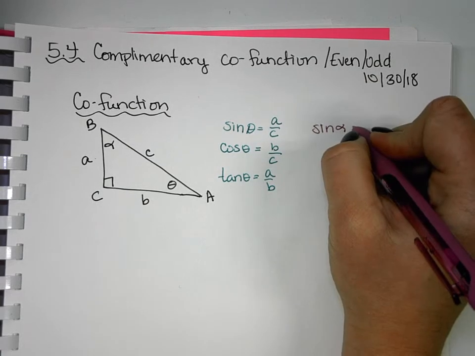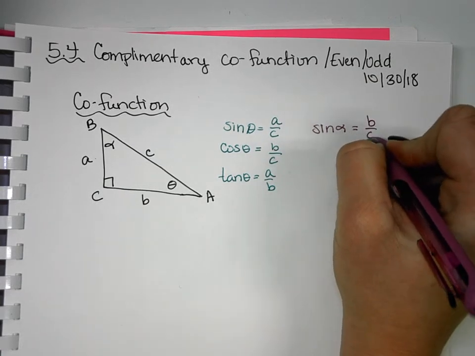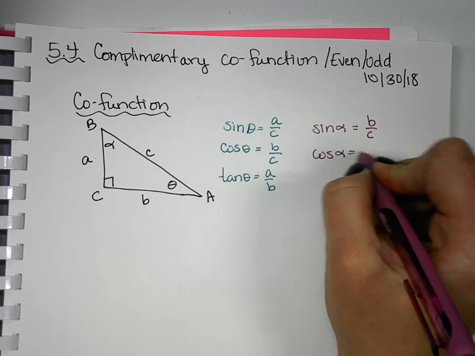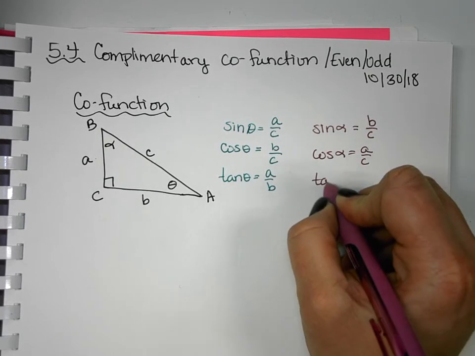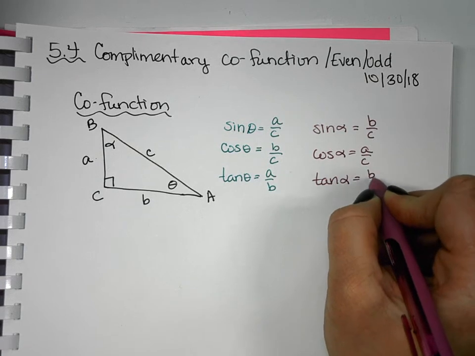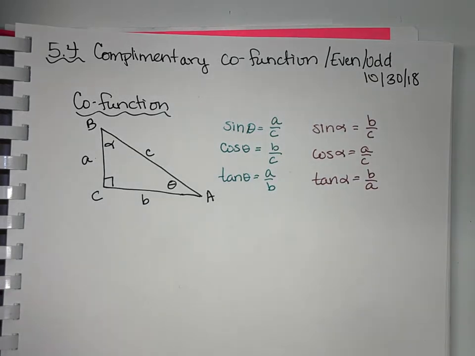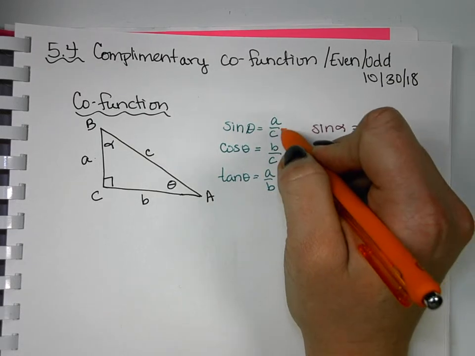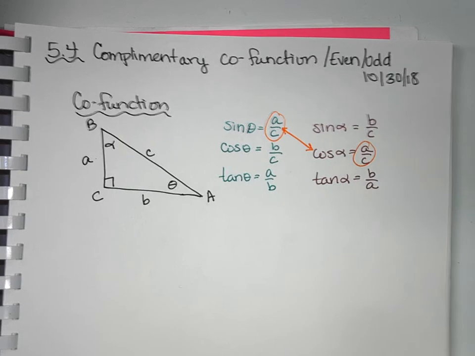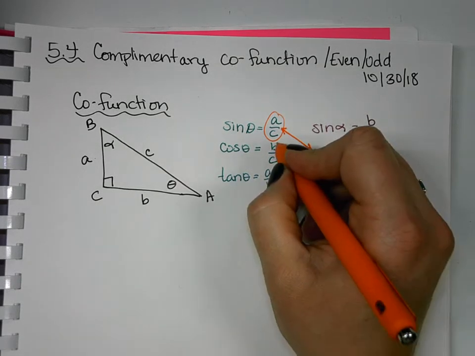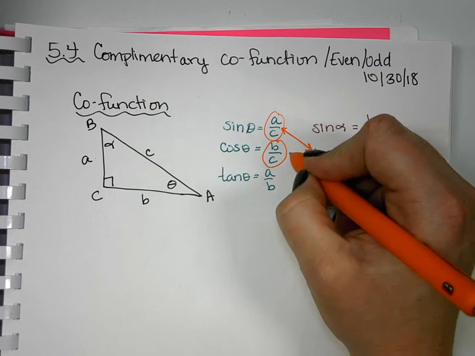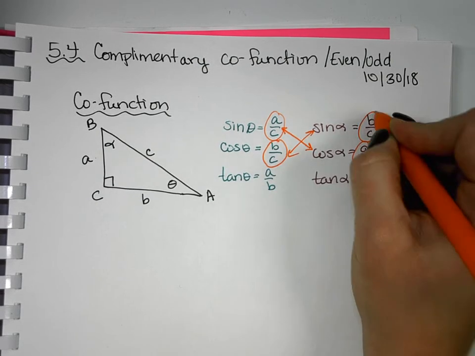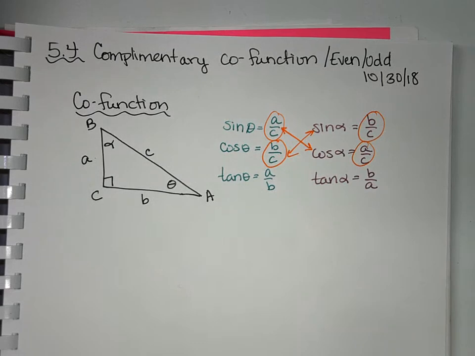If I were to do sine of alpha, that would be B over C. Cosine of alpha would be A over C. And tangent of alpha would be B over A. Well, what I want to point out to you is if you notice how sine of theta and cosine of alpha gave us the same ratio, as well as cosine of theta and sine of alpha gives us the same ratio.